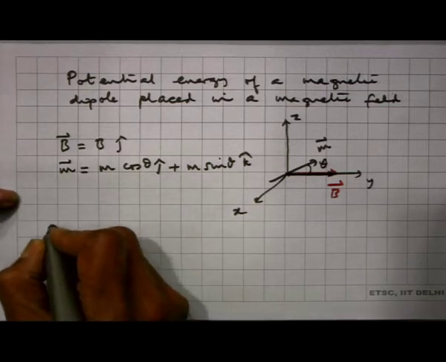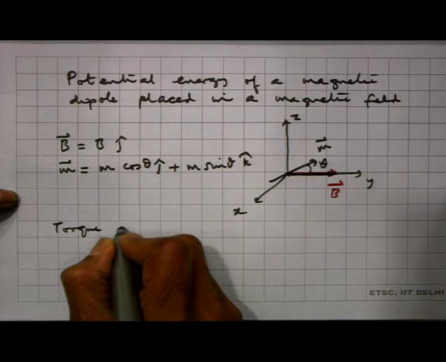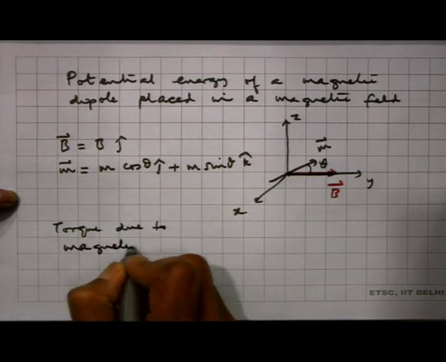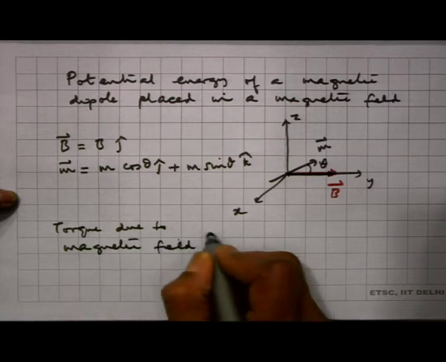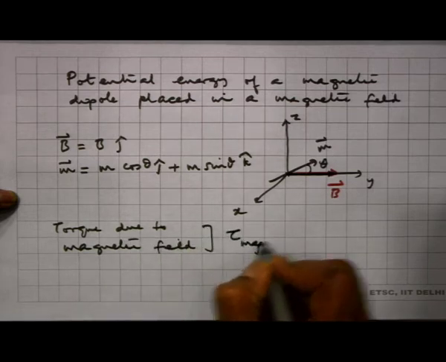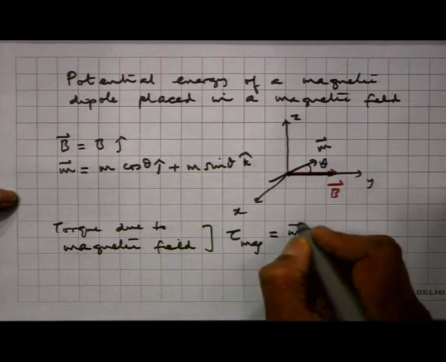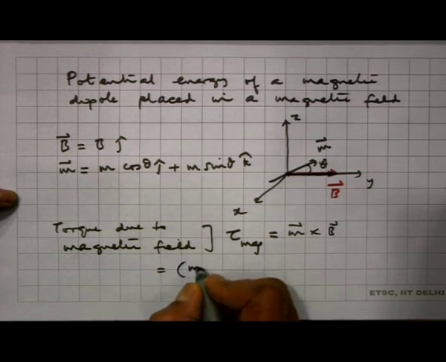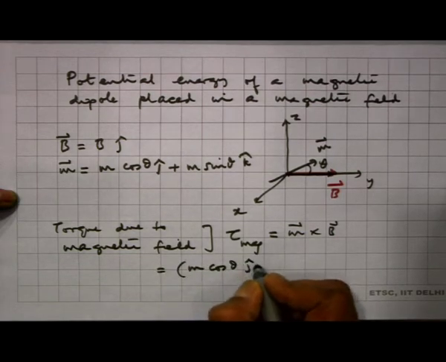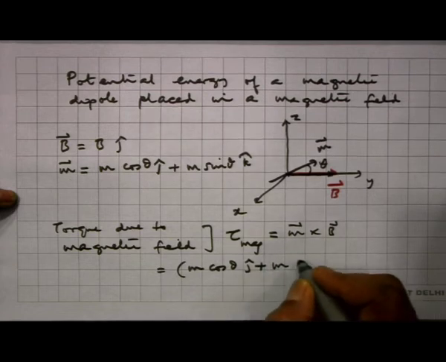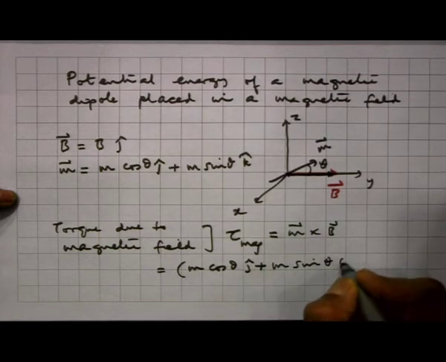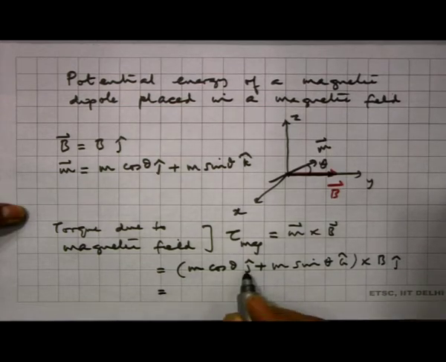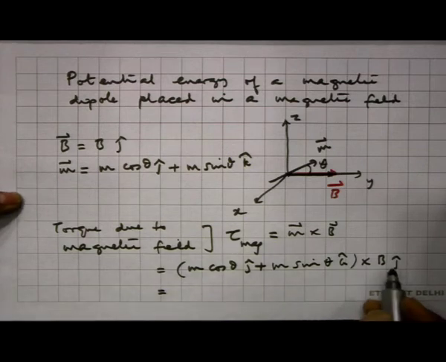So, the torque due to the magnetic field is equal to m cross B, which is equal to m cos theta j cap plus m sin theta k cap cross B j cap. j cap cross j cap is 0, k cap cross j cap is minus i cap.